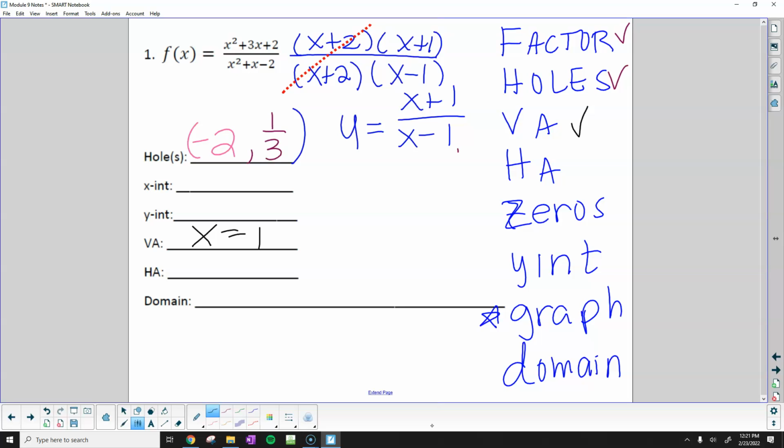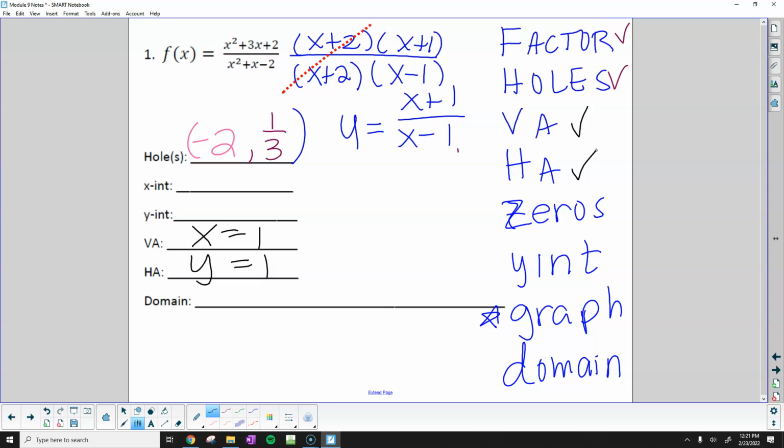Yeah, it's understood to be 1. What's the A value of that? 1. Yeah, you just do 1 divided by 1. A divided by A. So this is going to have a horizontal asymptote of y equals 1. And I am going to explain all that in detail again. All right. So we figured out what our horizontal asymptote is.